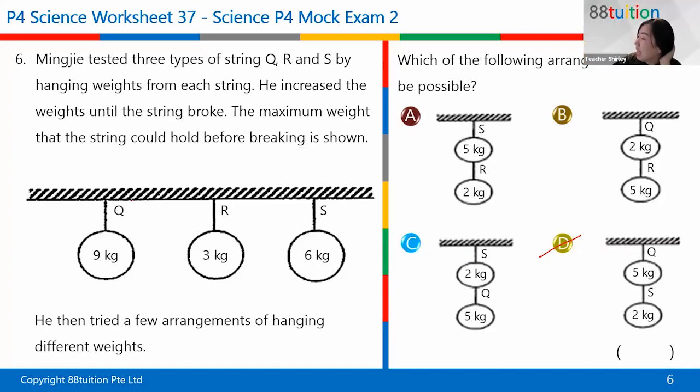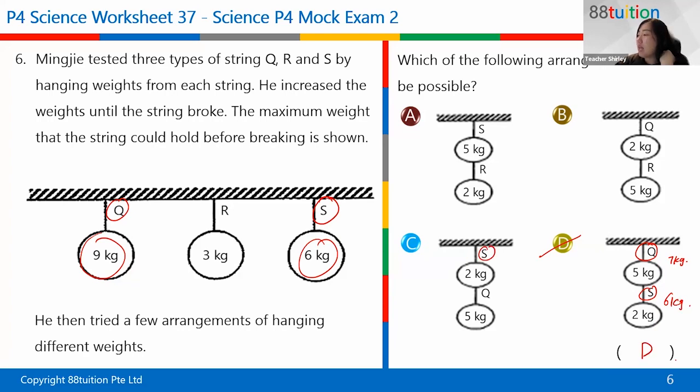Okay, you see, Q can hold a maximum weight of 9 kg. So Q is actually holding 5 plus 2, which is 7 kg altogether, right? So it can hold 7 kg. So Q is actually pretty strong in this case. And S is able to hold 6. So actually D works, right?